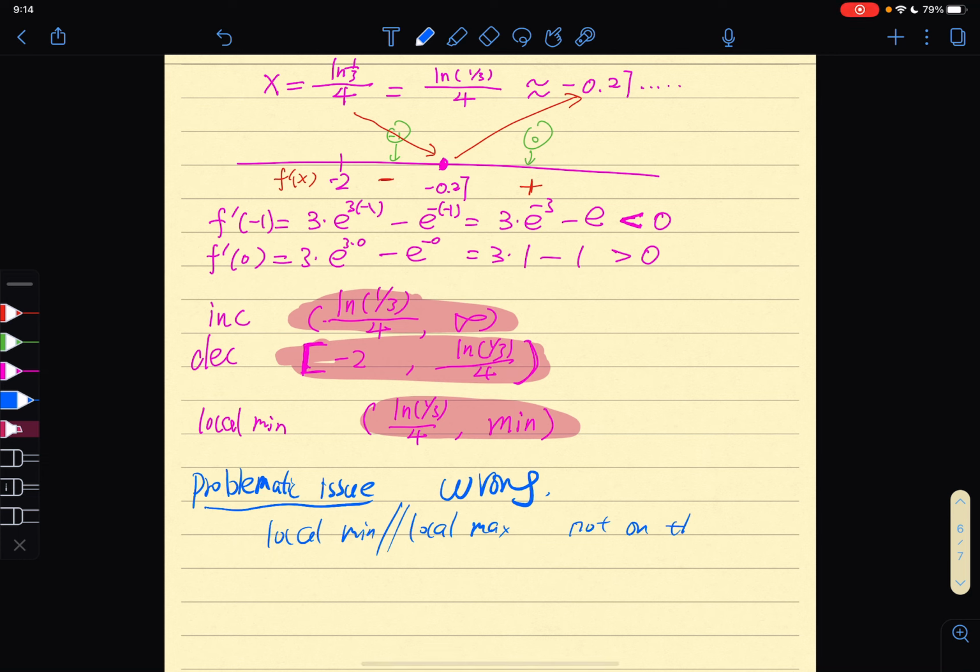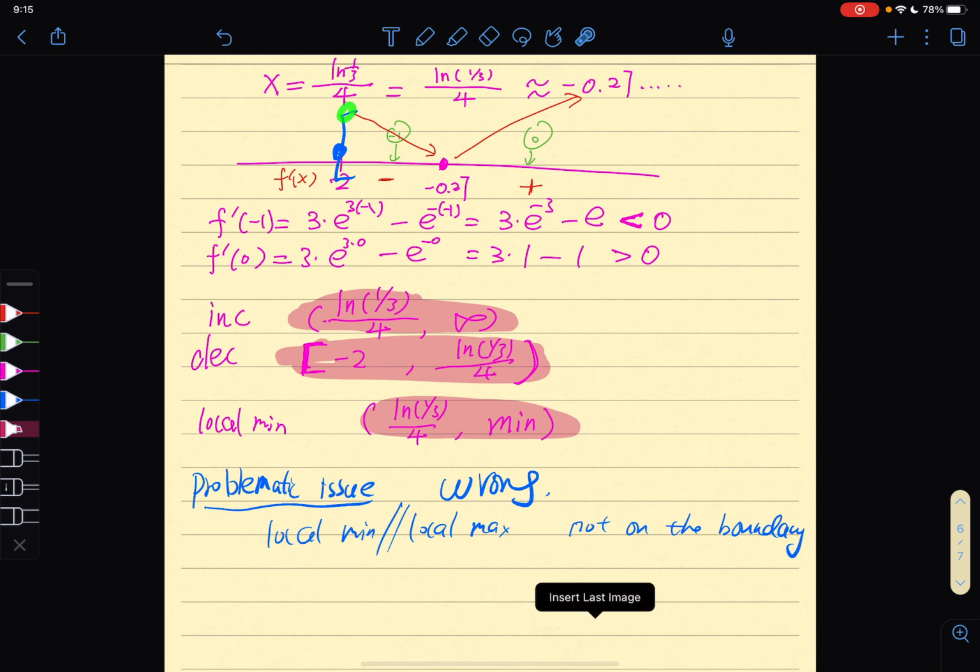That is to say, this point, the very end point, should never have been your answer, if you are simply looking for local min, local max. Absolute min, absolute max, yes, they can be answered. But for local min, local max, if you are local, you should be able to find neighbors on both sides. If you are a boundary point, you don't have anything on the other side, so it cannot be a local min, local max. However, the system didn't program the answer properly, so I'll just tell you what errors to put in.